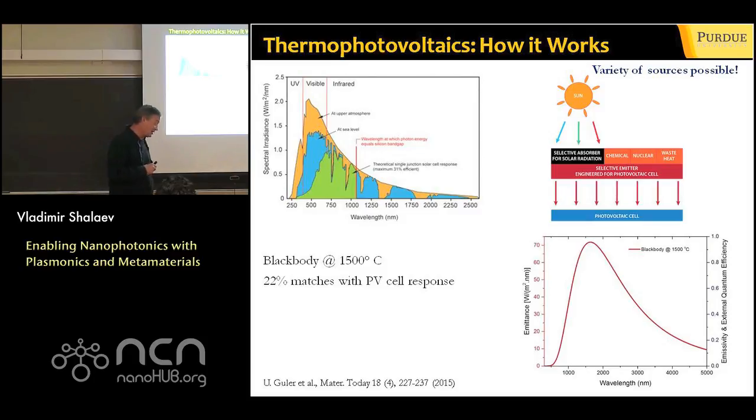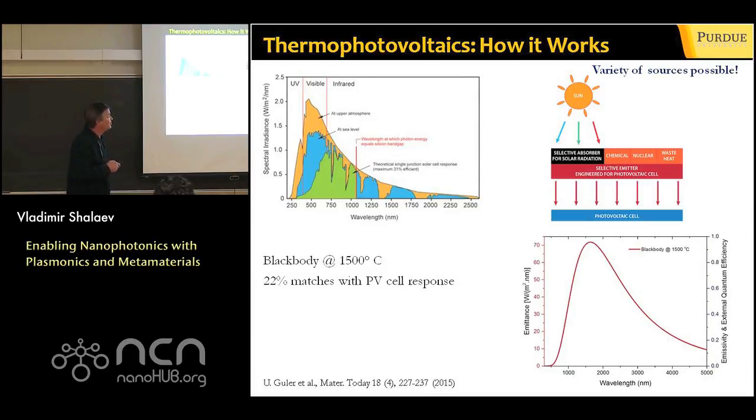Basically it's like a Carnot cycle: the temperature of the hot object minus the temperature of the cold object, normalized by the temperature of the hot object. In this case, if you heat your object up to roughly 1500 Celsius, and your photovoltaic cell is at room temperature, the conversion efficiency could be as high as 80%.